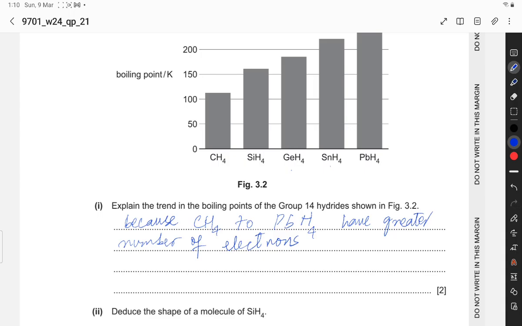So when there is a greater number of electrons, there will be stronger instantaneous dipole induced dipole forces.